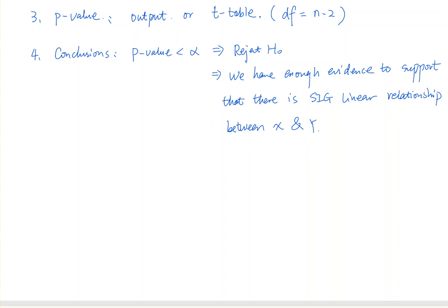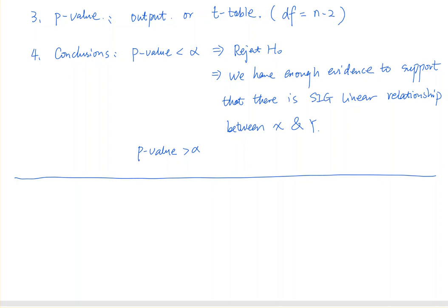The other way, I just skip it. If the p-value is larger than alpha, then we do not reject the null hypothesis. We do not have enough evidence to support that there is a significant linear relationship between x and y. Alright, so until now, except the assumptions, we are done with the hypothesis testing about the regression.